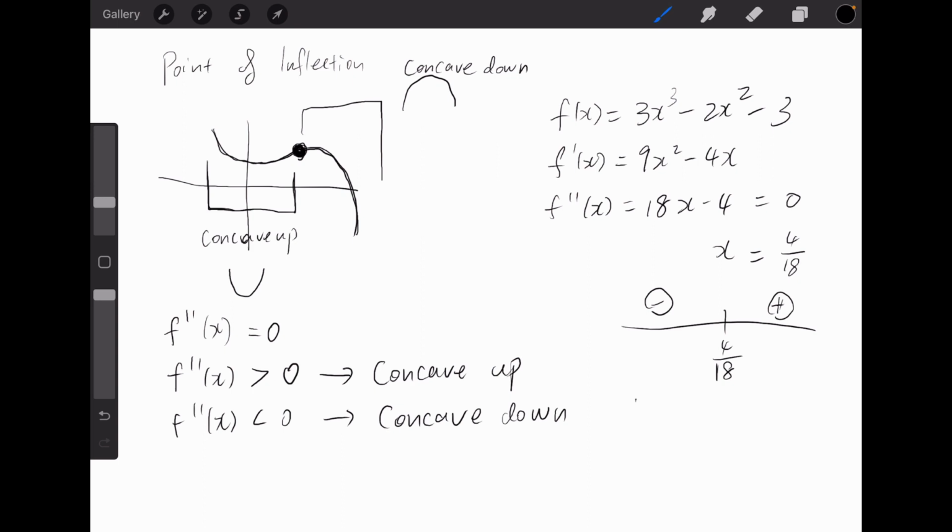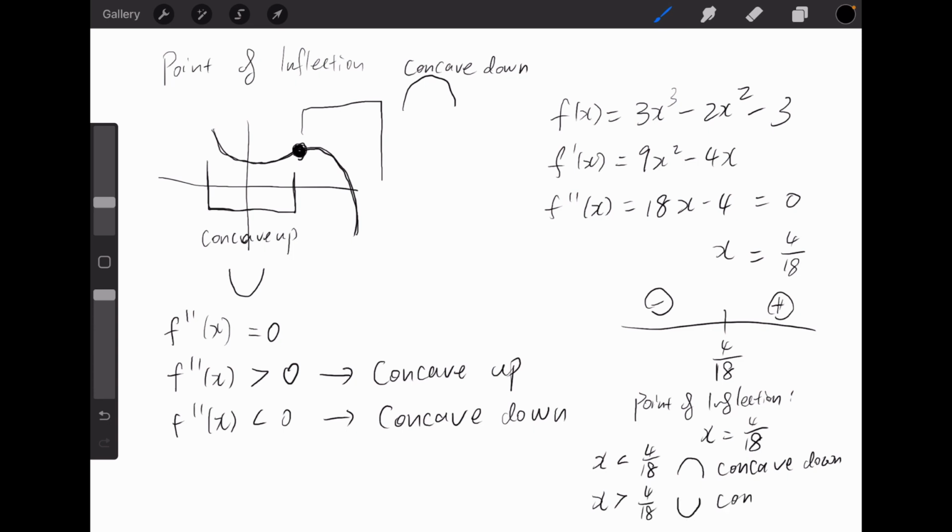So the point of inflection is at x equals 4 over 18, and if x is smaller than 4 over 18, then it's concave down. If x is greater than 4 over 18, then it's concave up.